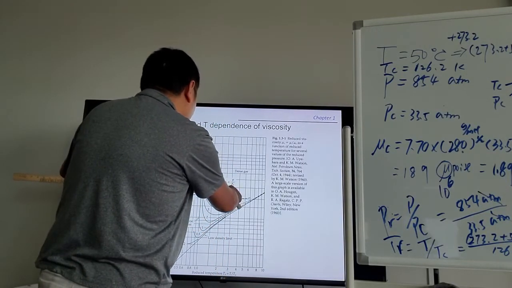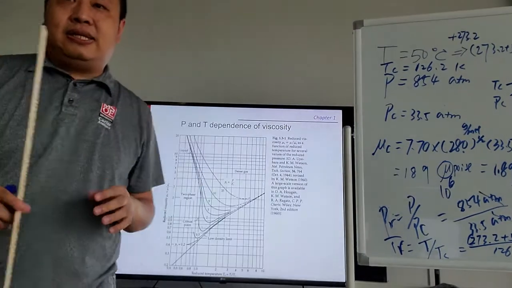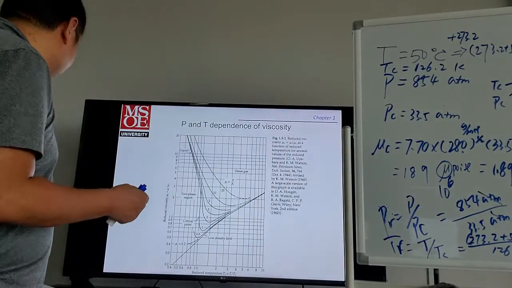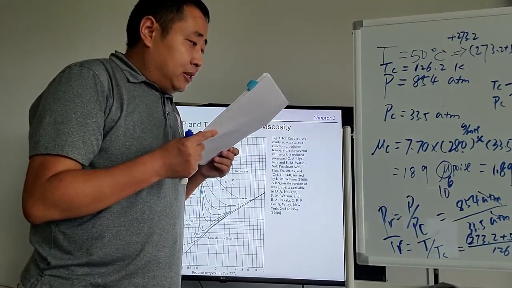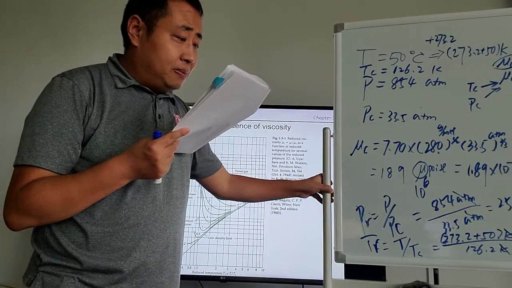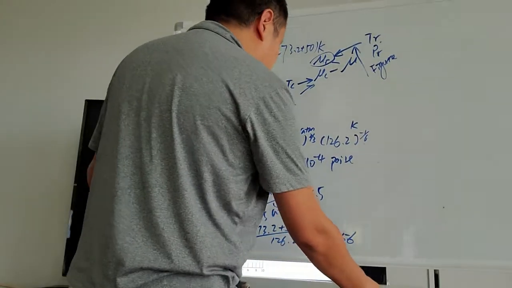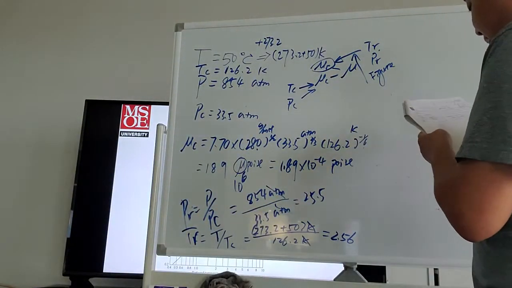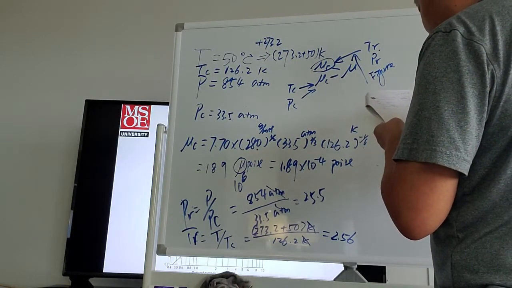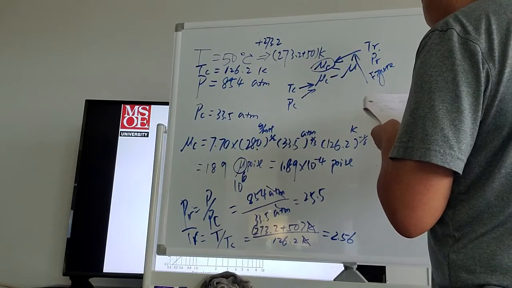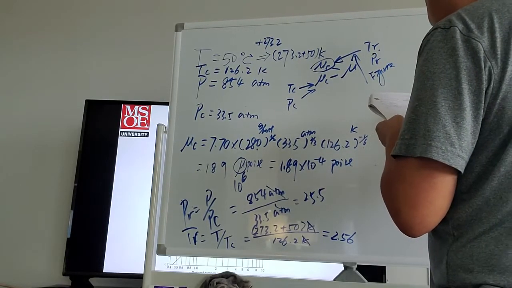Then you extend it to here. So it is probably 2 point something. Let's use the number from the textbook. The textbook estimated it to be 2.6. So we know mu R is 2.6.